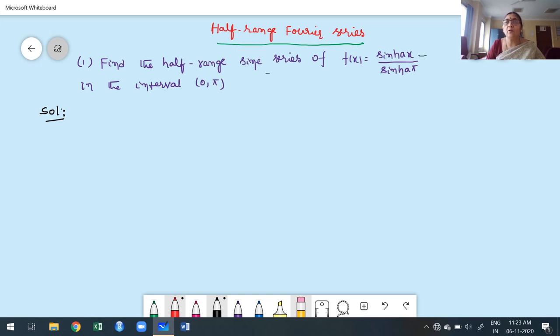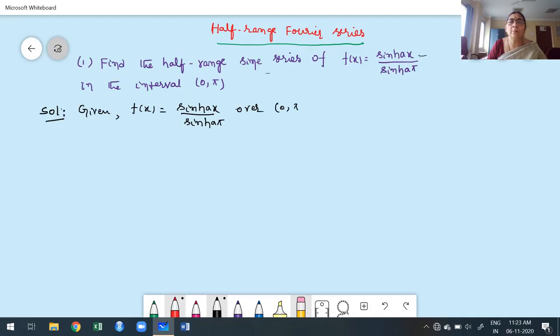Now I have to observe the function carefully and find the half-range Fourier sine series. First, for our convenience, we are going to write what is given. Given is f of x equals sine hyperbolic of ax divided by sine hyperbolic of a pi over the interval 0 comma pi.